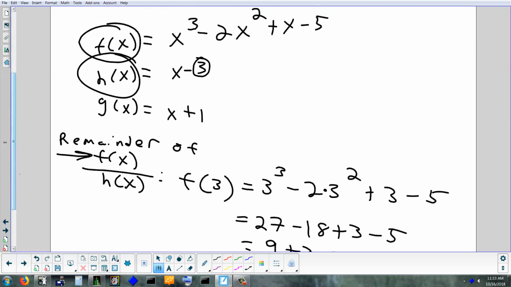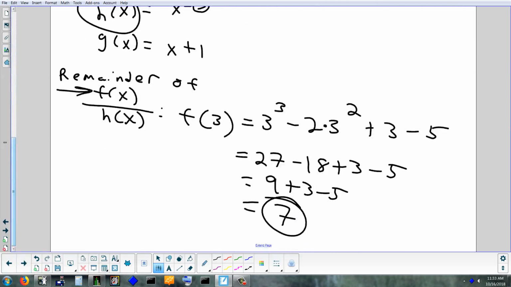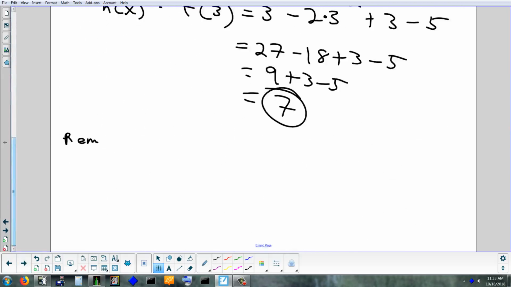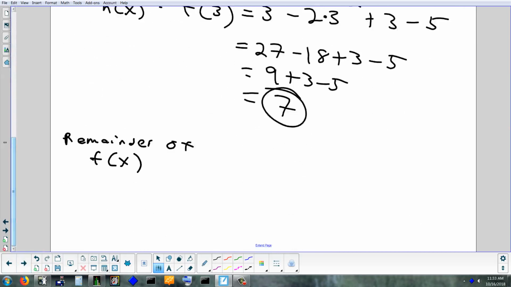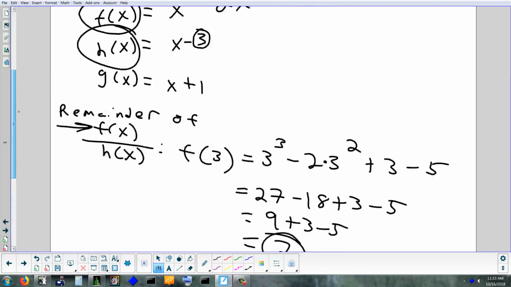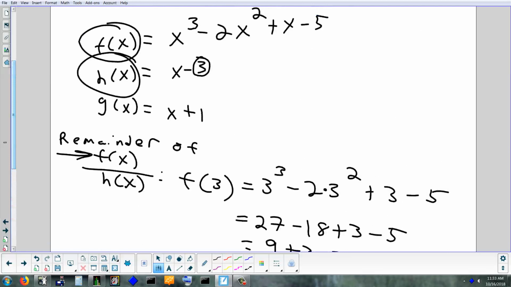So now I want to do the remainder of f of x divided by, what did I call the other one? g of x. Now, are we dividing by x minus a number, the way it's written?